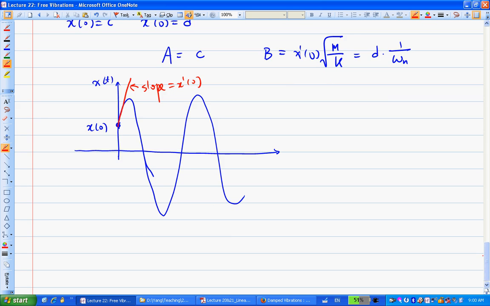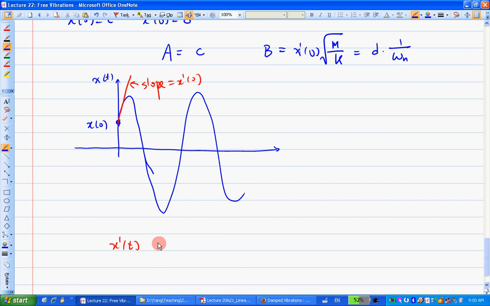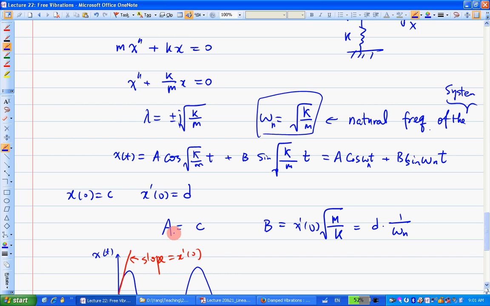The reason is that if I take the derivative of this solution, you can see that the derivative is negative c omega n sine omega nt plus d1 over omega n multiplied by omega n cosine omega nt. That's the derivative of this term, by plugging a and b into this one here.